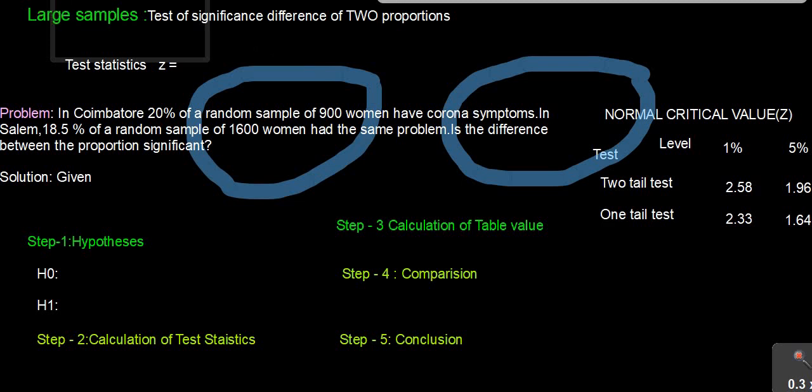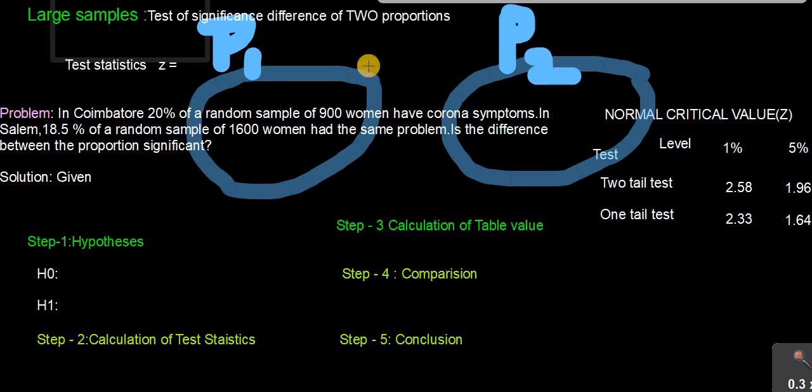Suppose the proportion of this population is capital P1, and the proportion of this population is capital P2.